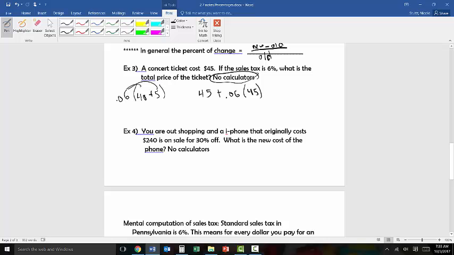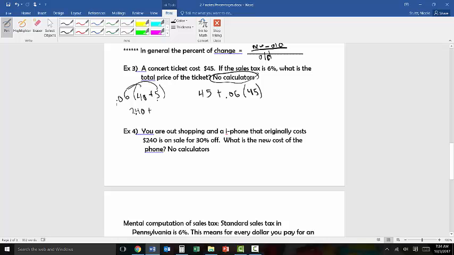Just do 6 times 40, and when you're done, move the decimal left 2 places because this is 6%, so you have to move your decimal left to get back to where the point originally was. So 6 times 40 is 240, but I'm going to move the decimal left twice. So 6% of 40 is $2.40.